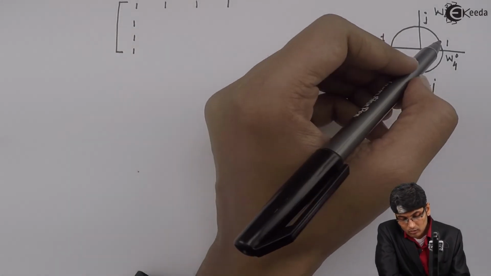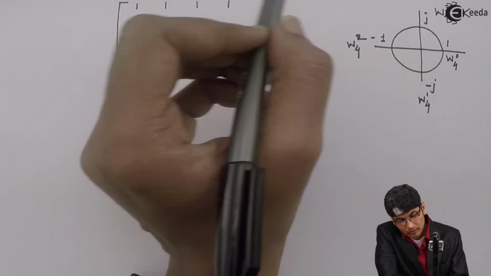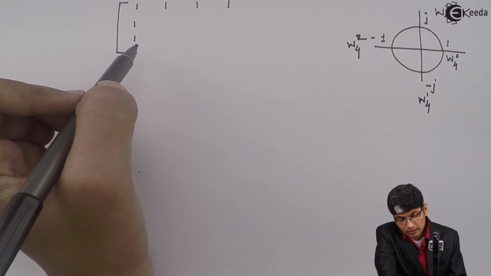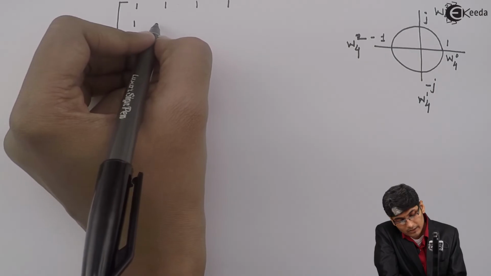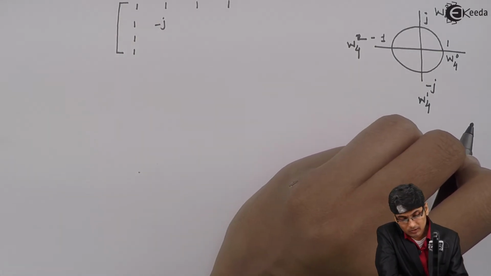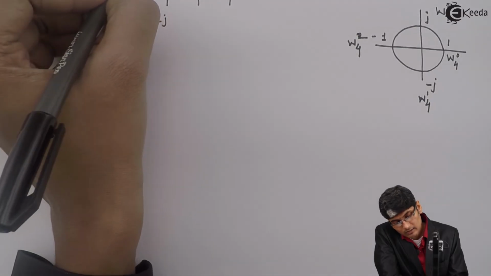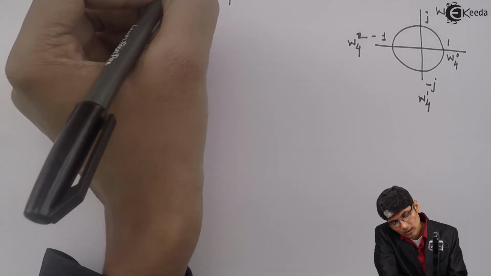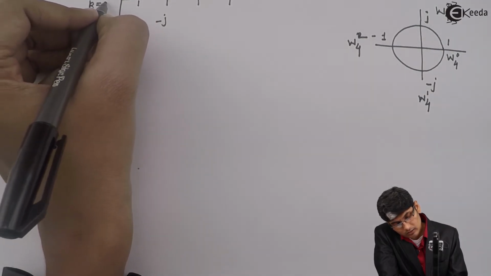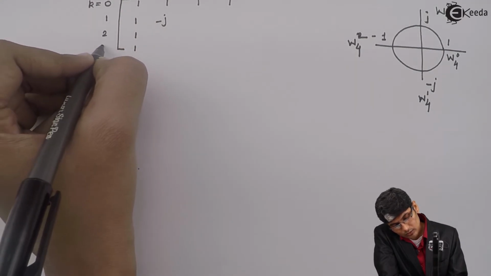Okay, so w4 raised to 0 is all 1, so this is all 1s. Next factor is w4 raised to 1, so it is minus j. Okay, because here my n is going as n is equal to 0, 1, 2, 3, and here it is given as k is equal to 0, 1, 2, 3.